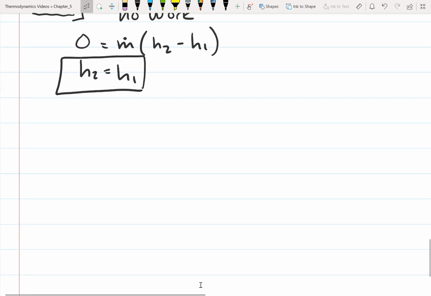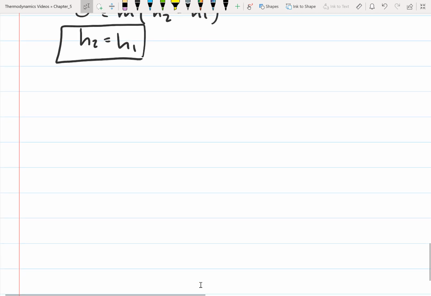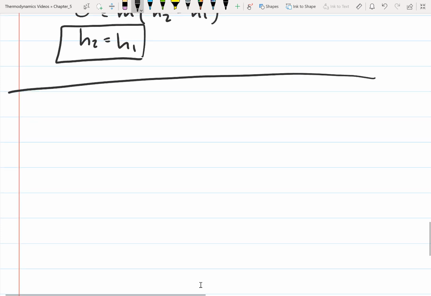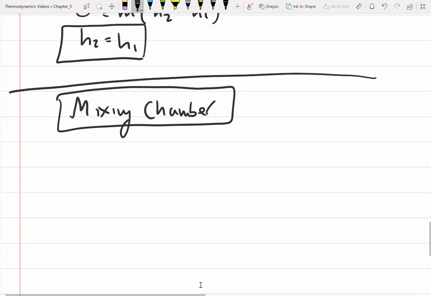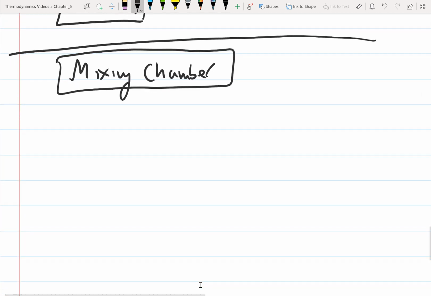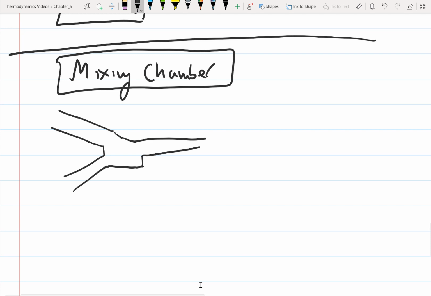All right, now let's look at some steady flow devices that aren't single stream. So they might have multiple streams in and multiple streams out. First of all, let's look at a mixing chamber. So a mixing chamber basically takes whatever your fluid is. So here's our fluid coming in, and mixes it.